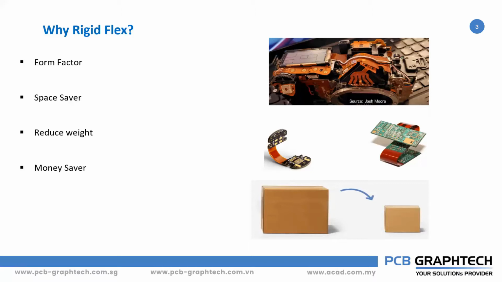To reduce that, you can just use the Rigid-Flex design, and then you can also reduce the size. When you go for Rigid-Flex, the size can be reduced and the weight also can be reduced, which can be packed in a small box, and you can reduce the shipping cost. So these are all the things you can consider when you go for your design.